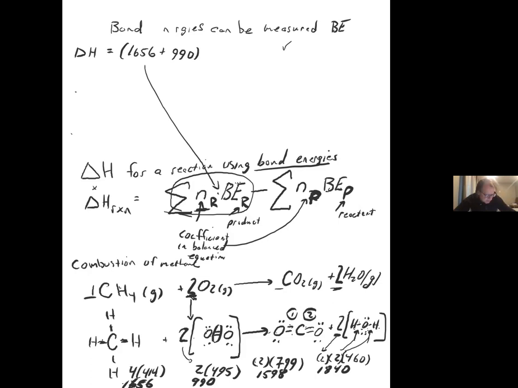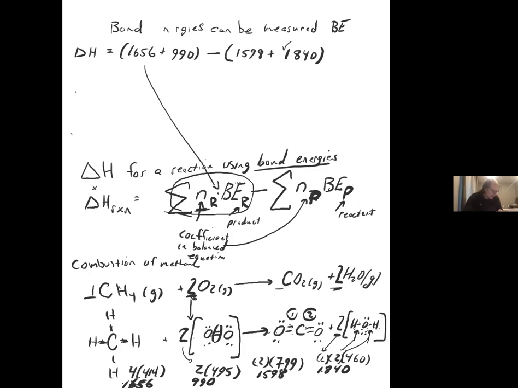So just take the numbers you have, subtract the sum of the products, 1598 plus 1840. Okay, so reactants minus products. I'm sorry, I told you products minus reactants because typically it is products minus reactants, but for bond enthalpies, you want to use reactants minus products.